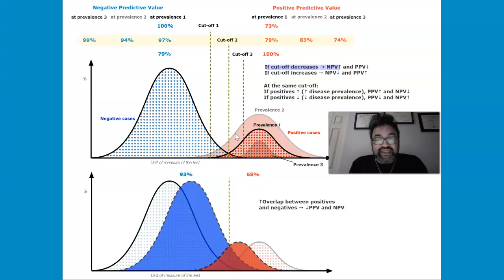Just based on that alone, your positive predictive value will increase and your negative predictive value will decrease. So you'll be able to diagnose more based just on an increase in prevalence.